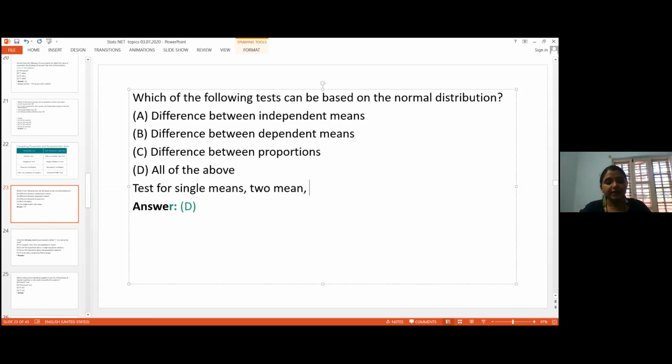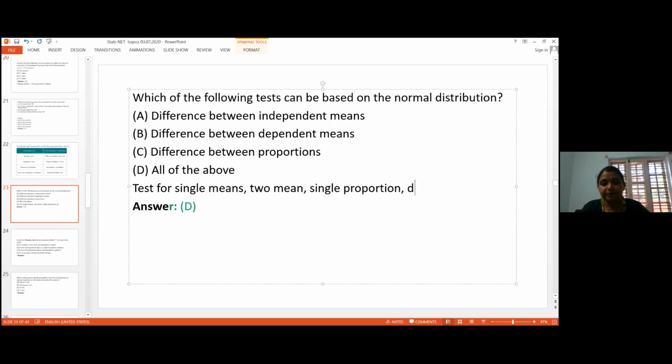Then we have proportion, where single proportion has the Z test. For a single proportion, one example of the null hypothesis is that I want to know whether the proportion of literates in Bangalore city, or illiterates in Bangalore city, is 0.2. So that is a single proportion test. In the same way, we can have difference of proportions, or two proportions, like two means.